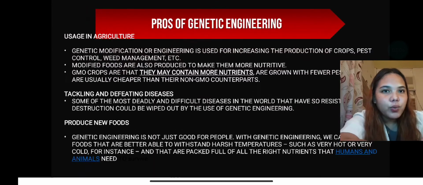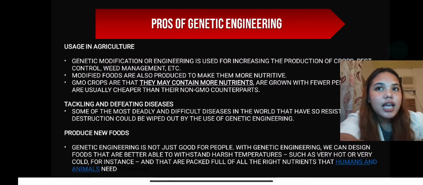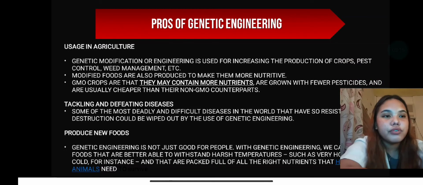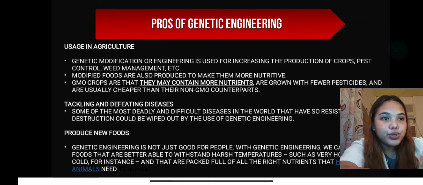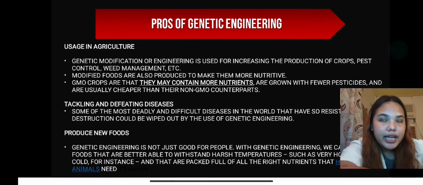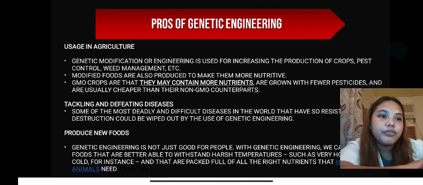Next, we have the usage in agriculture. Genetic modification or engineering is used for increasing the production of crops, pest control, weed management, and so on. Agricultural plants are one of the most frequently cited examples of genetically modified organisms or GMOs.